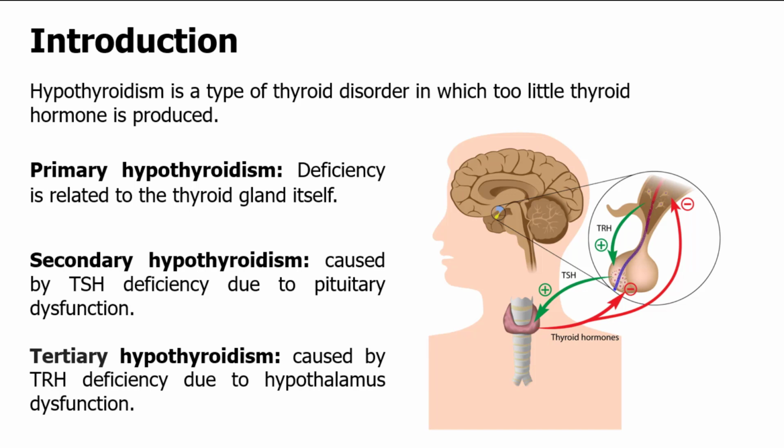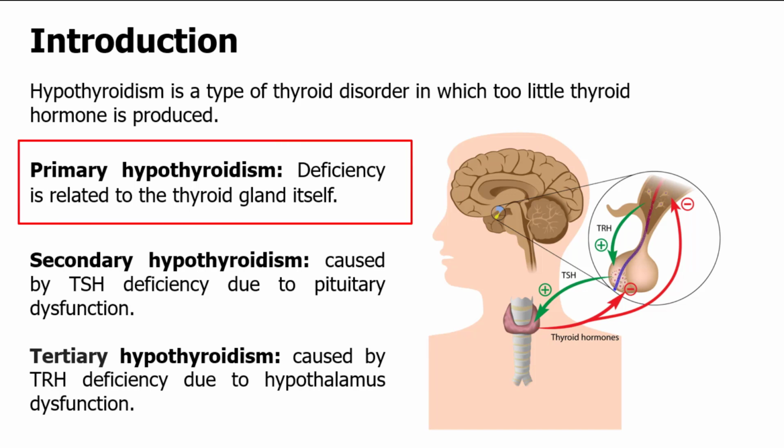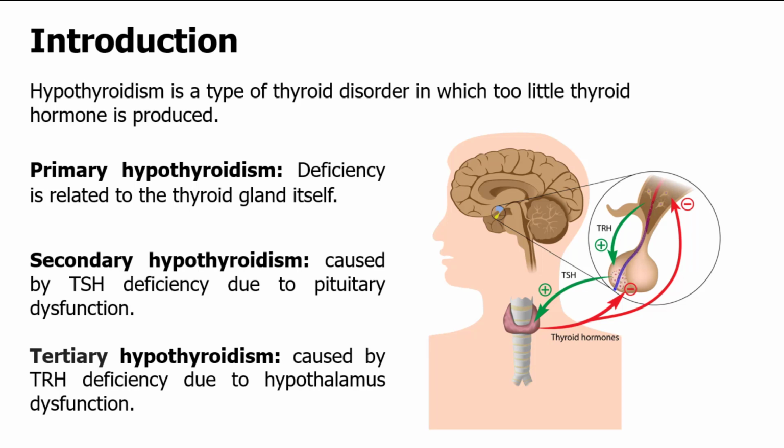The causes of hypothyroidism can be due to defects anywhere within the hypothalamic pituitary thyroid axis, and accordingly, the causes can be classified as primary hypothyroidism. Deficiency of the thyroid hormone is related to the thyroid gland itself, and that is the most common cause of hypothyroidism.